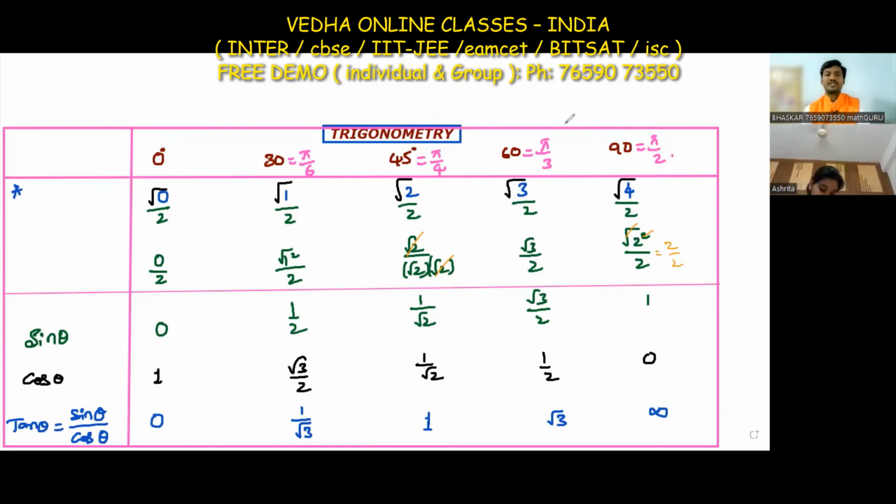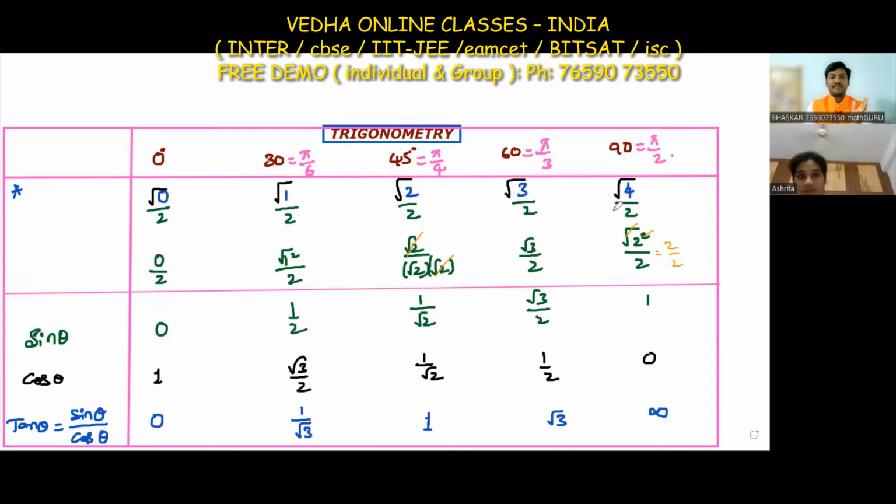Okay, so like this we take the values. Once again I am revising. What we did in this: first we take the normal numbers, 0, 1, 2, 3, 4, from 0 to 4.